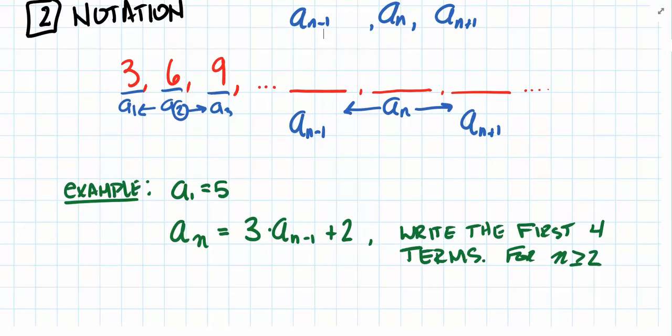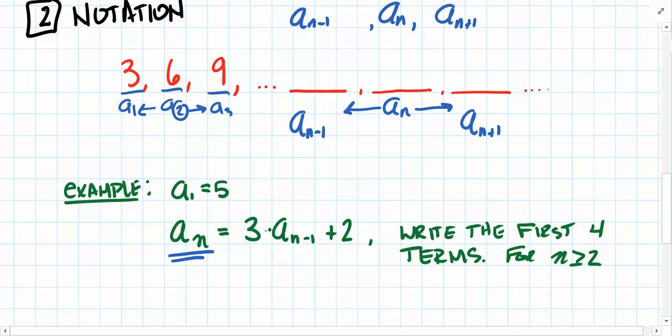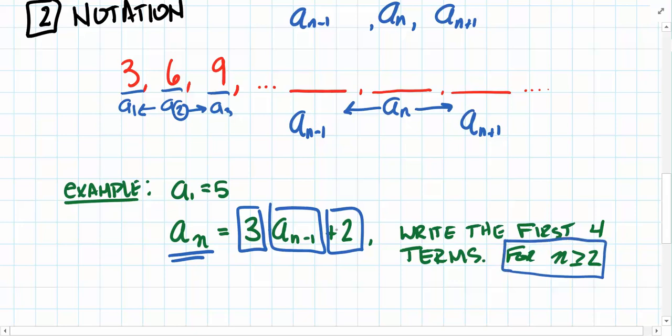Let's say the very first term is 5, and the next term is defined as 3 times the previous term, and then add 2. The directions say write the first 4 terms for every n greater than or equal to 2. That just means we're starting at the number 2.